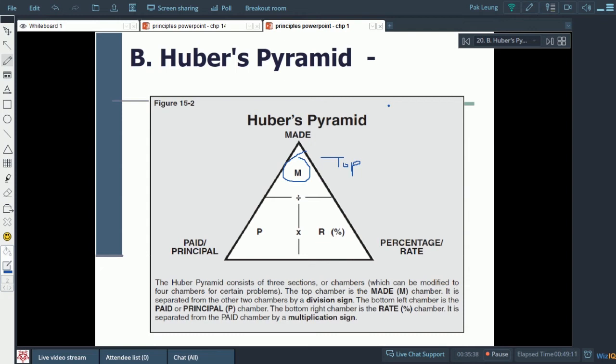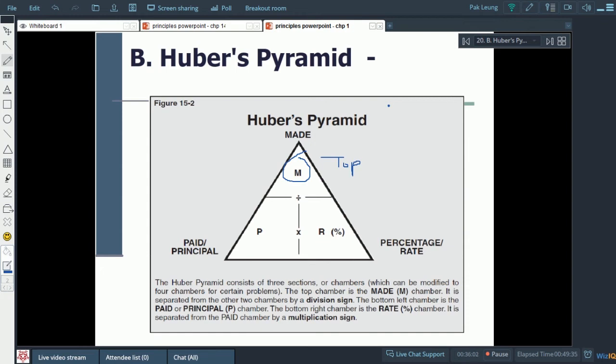What does it say? Principal times the rate. So that's the formula right there. 所以呢，我赚多少钱，我本乘利息，这个 rate 我就知道我赚多少钱.